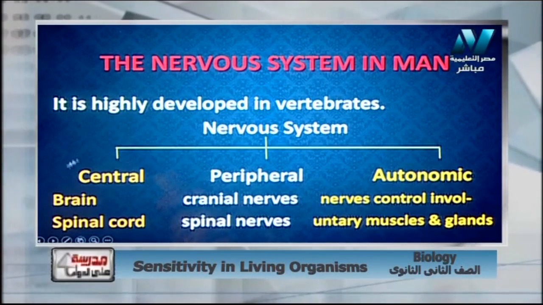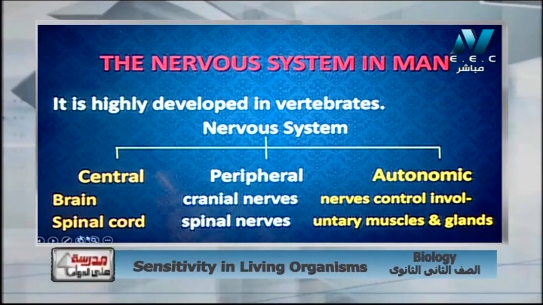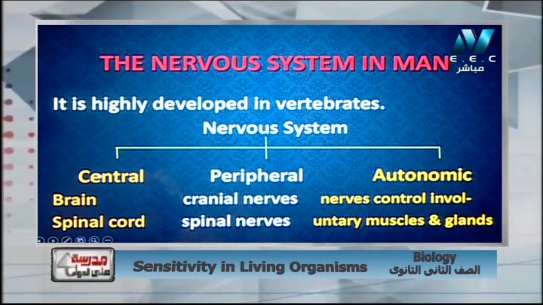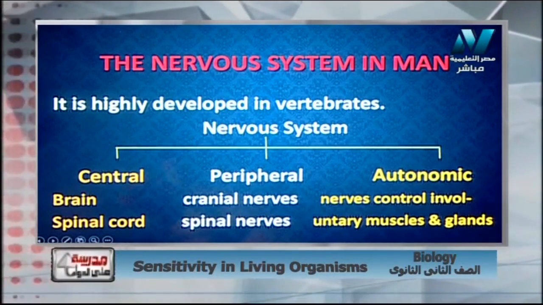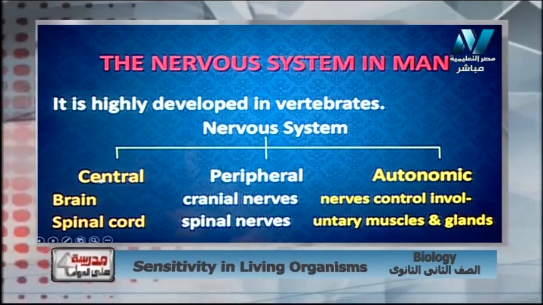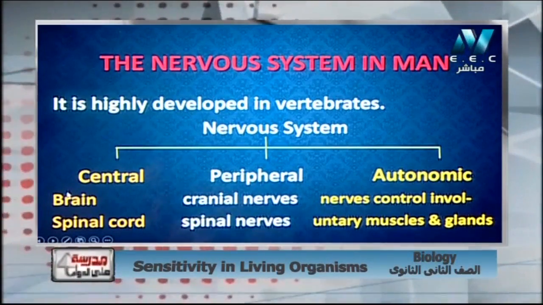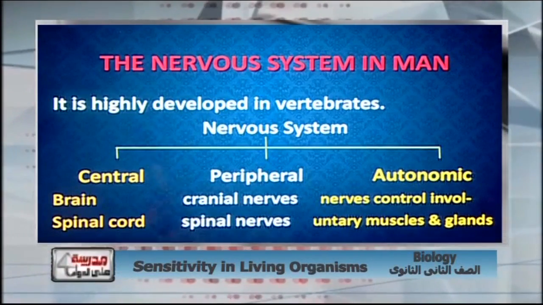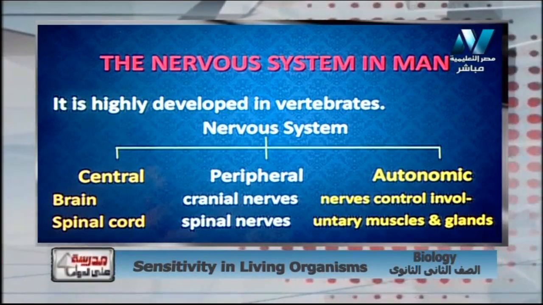The central nervous system includes the brain and spinal cord. It runs in the middle of the body. The brain is present in the skull, and the spinal cord runs through the hole in the vertebral column.